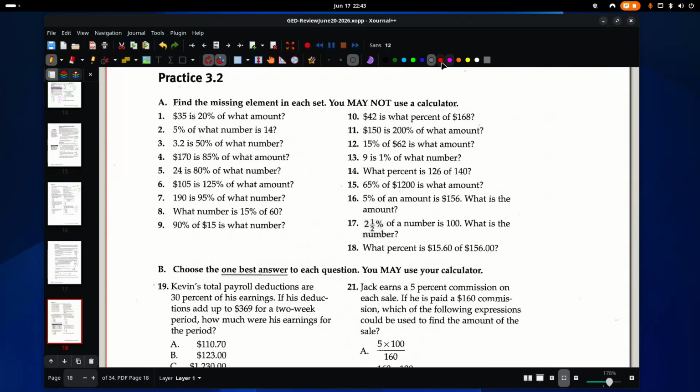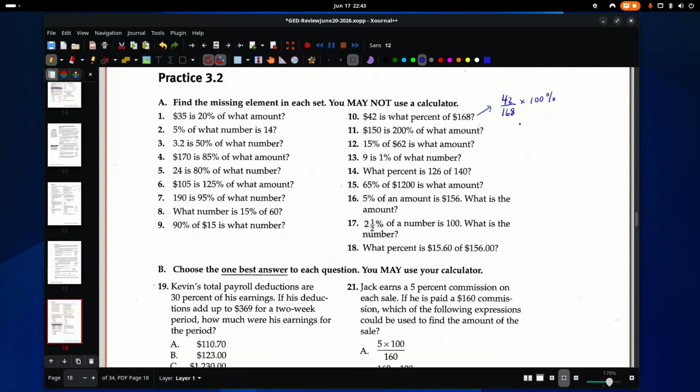All right. Let's take a look at that one. So $42 over 168. And then we want to multiply by 100 to get the percent.